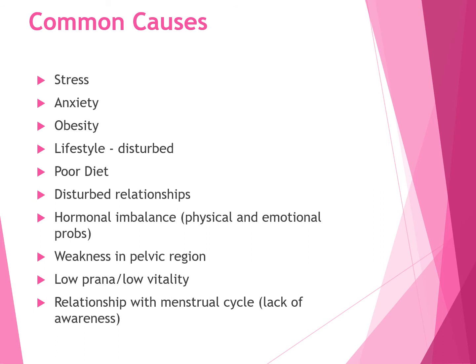Then disturbed relationship. Thyroid problems occur due to disturbed relationship. Amenorrhea, many times cancer, breast cancer or cervix cancer. Hormonal imbalance: most of the diseases occur due to hormonal imbalance, that is diabetes, menstrual problems, obesity, anxiety, depression, etc. Weakness in the pelvic region causes habitual abortions and prolapse of the uterus.